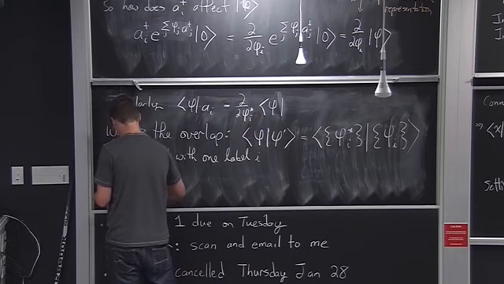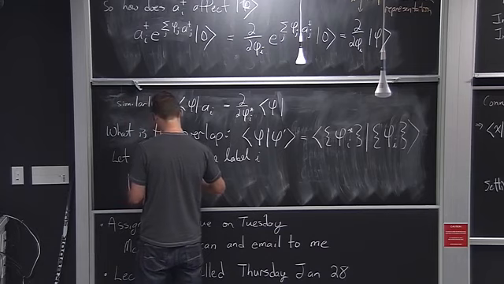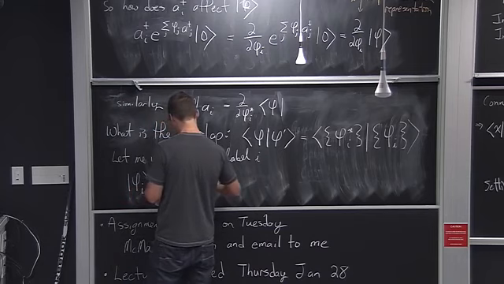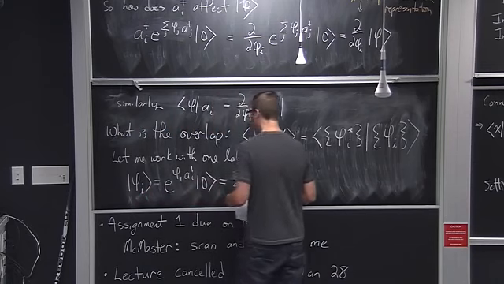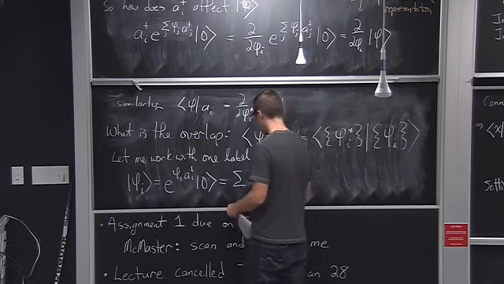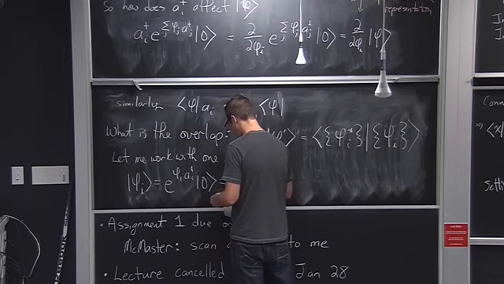So then I'm going to calculate the overlap from the coherent state definition. And let me expand the exponential. Okay, so I'll keep that particle label, I think.